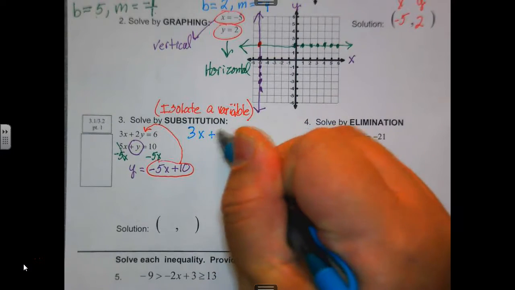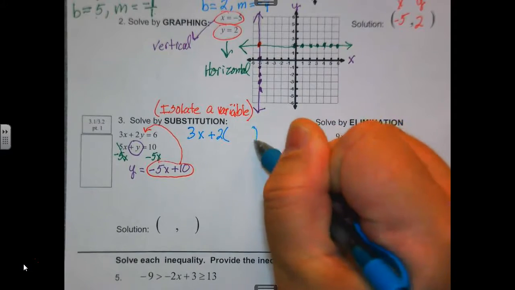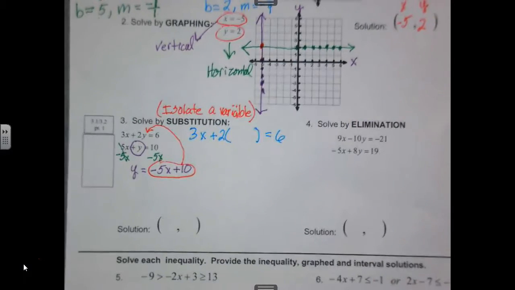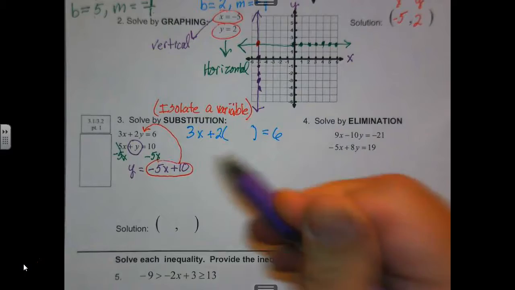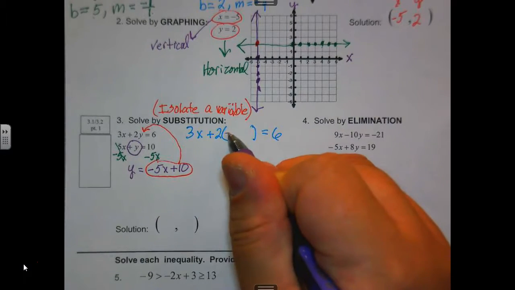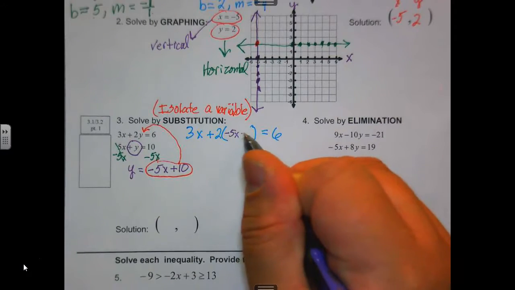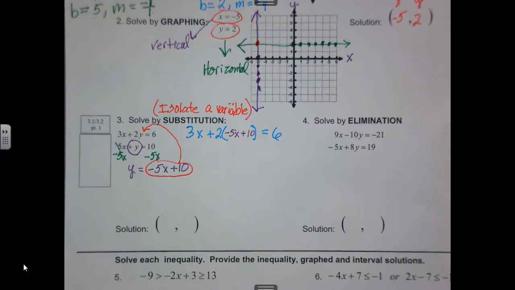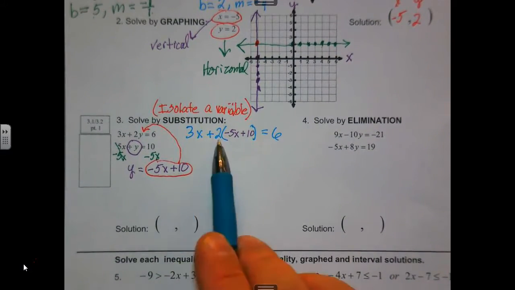3x plus 2 times y is going to equal 6. And I know y equals -5x plus 10. Yeah, now I just solve for x. See what it does?